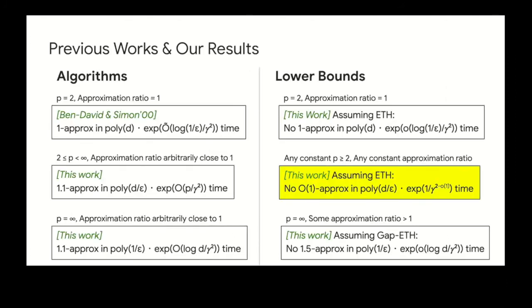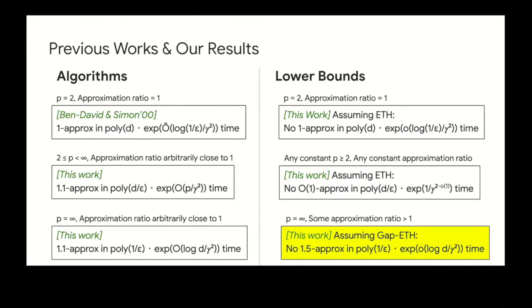So let's now move on to the third reduction, the one for p equals infinity. Again, the hard part for p equals infinity is that we somehow want this d factor to show up as well. So we want the running time lower bound of d to the 1 over gamma squared, while also having some hardness of approximation.